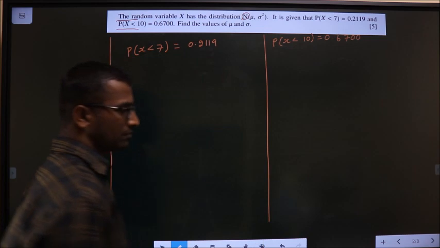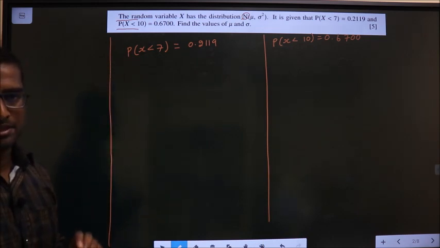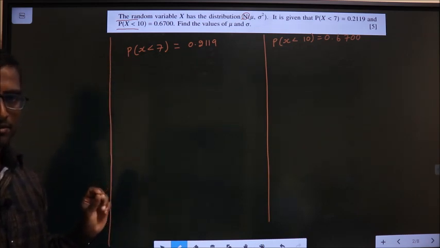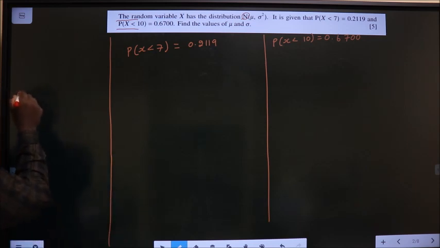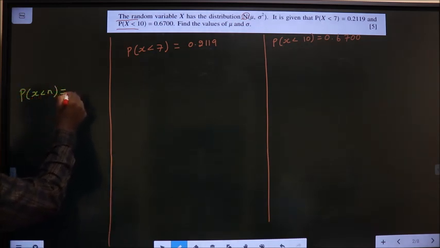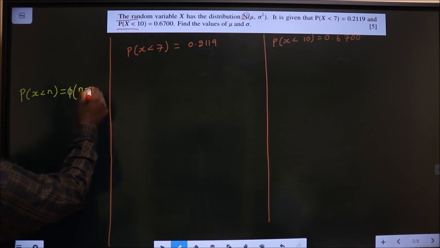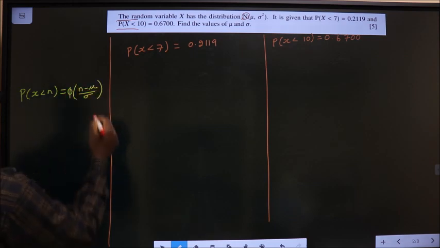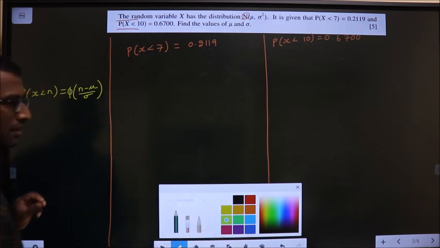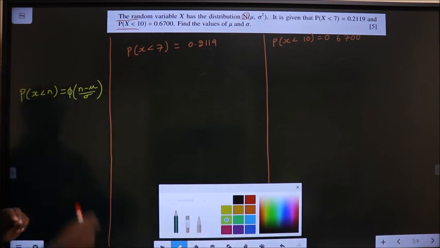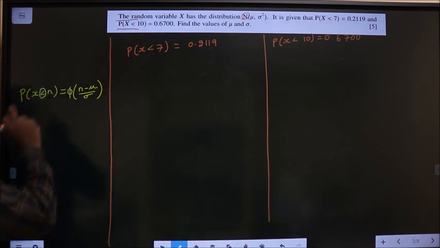Now, in any normal distribution question we have to make use of this: P(X < n) is nothing but phi of (n minus mean) by standard deviation. Here you should always check the symbol.